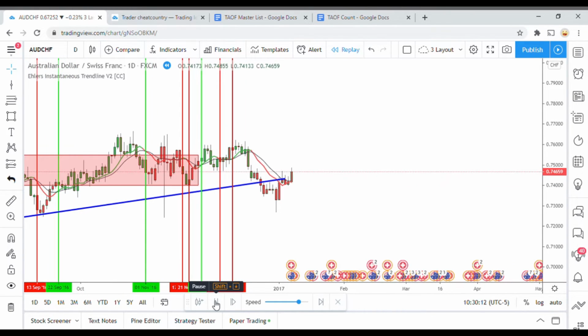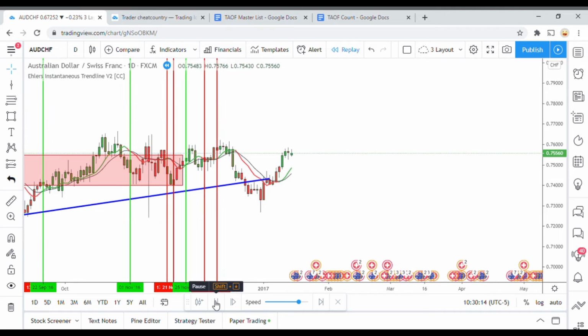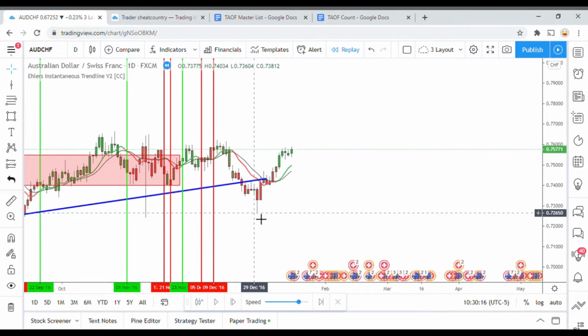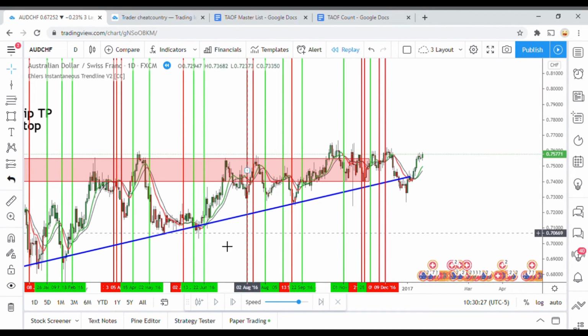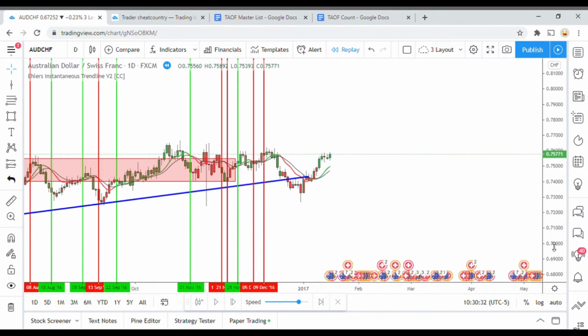And yeah, it still kind of did. I mean, it definitely broke down below it and then needed some time to break back up. But now it's starting to invalidate this ascending wedge pattern here.